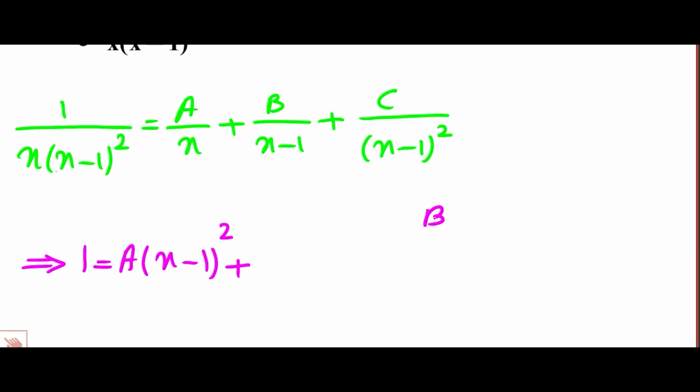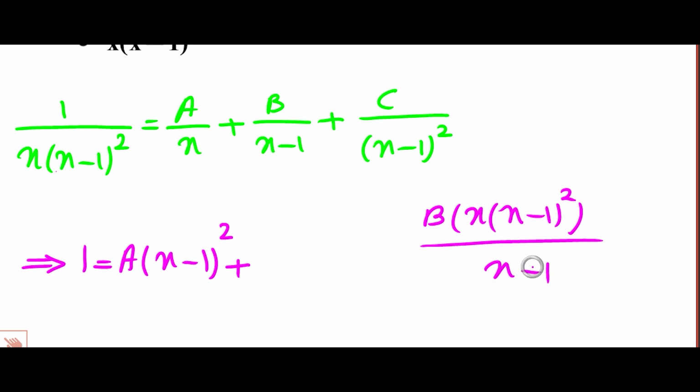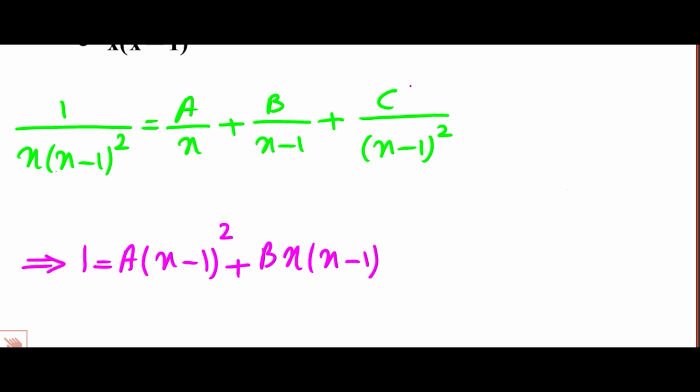Plus b times x minus 1 whole squared over x minus 1. So the x minus 1 terms cancel out and we have b times x minus 1, right? And c times x minus 1 whole squared over x minus 1 whole squared. So the x minus 1 whole squared terms cancel out and we have plus cx.